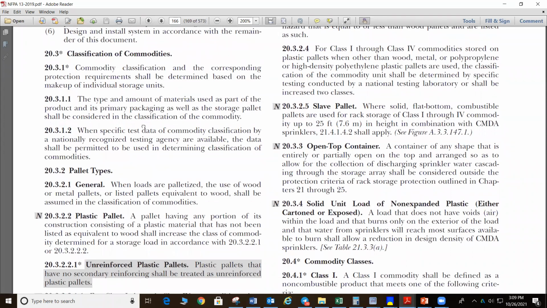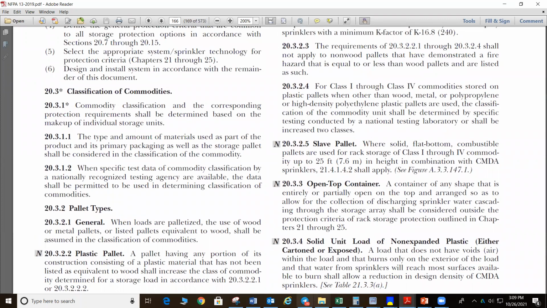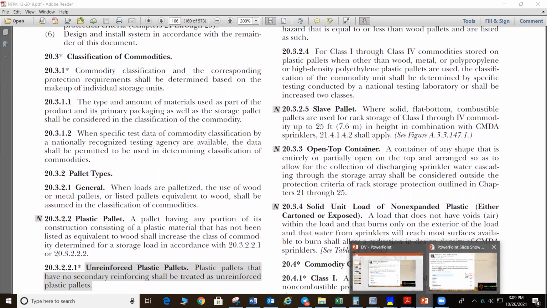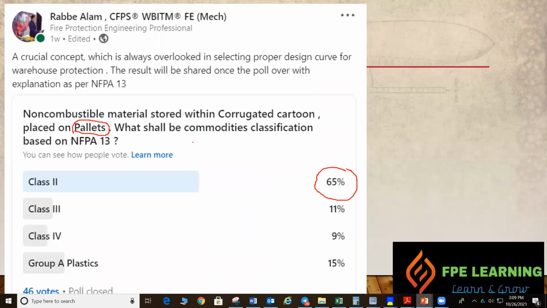Now class 2 commodities, which most of my friends selected. While selecting that answer, you must assume that if you go to class 1 commodities, class 1 is mostly non-combustible products, so you are fine up to this point, non-combustible products that are stored within corrugated cartons.